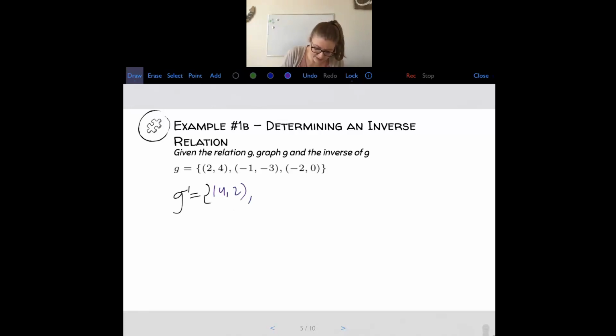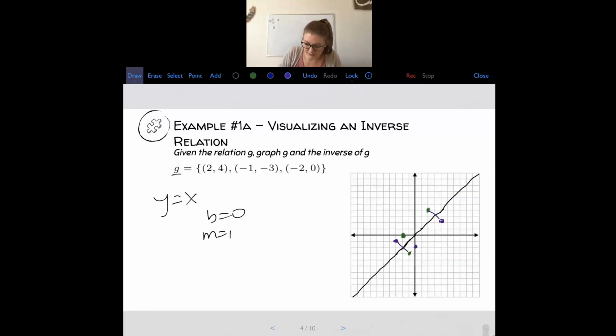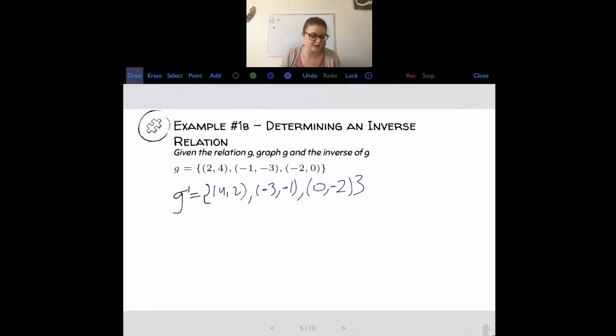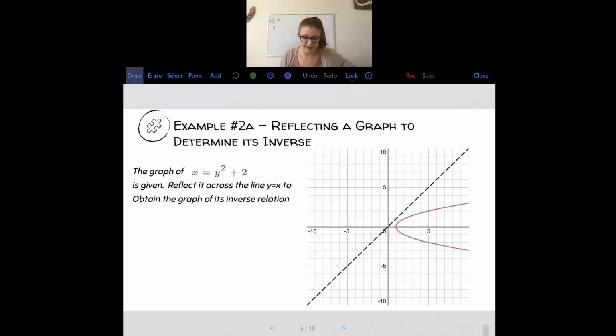Instead of (1, -3), the inverse is (-3, 1). And for (-2, 0), if we interchange x and y, we end up with (0, -2). If you look at the last slide, we had (4, 2), (0, -2), and (-3, 1), exactly what we just determined here. Next, we're going to reflect a graph to determine its inverse.